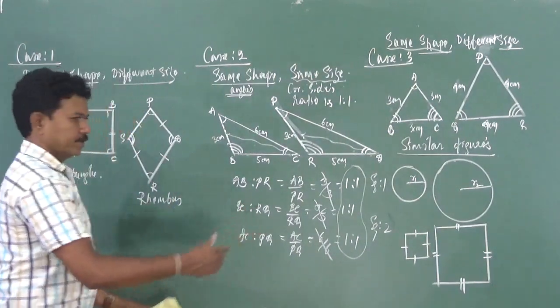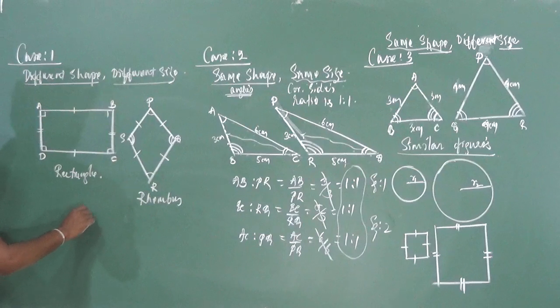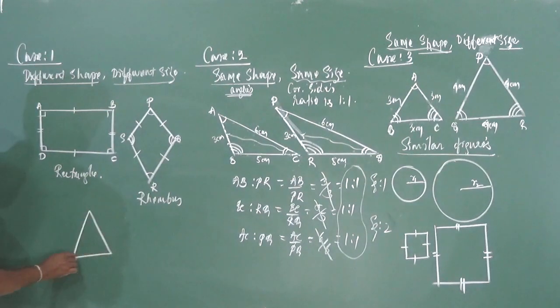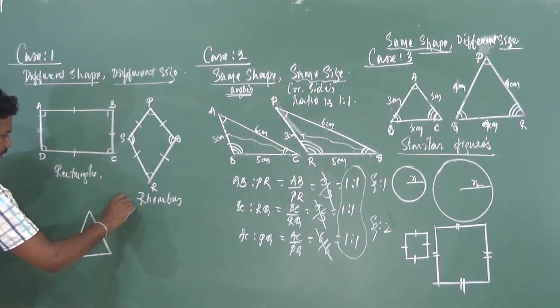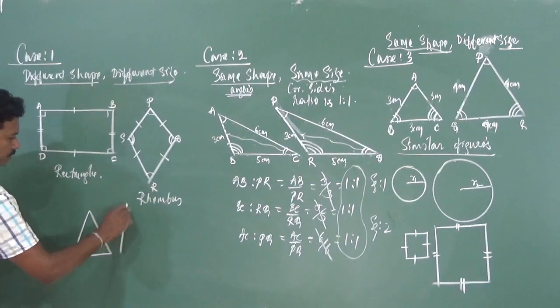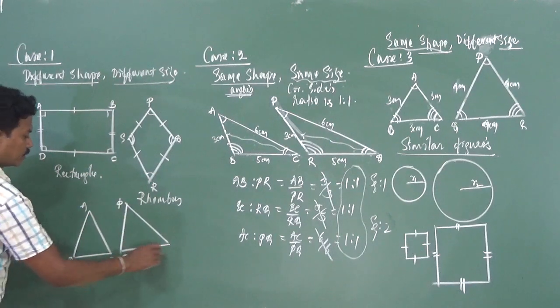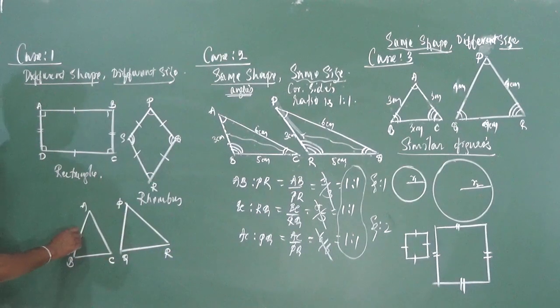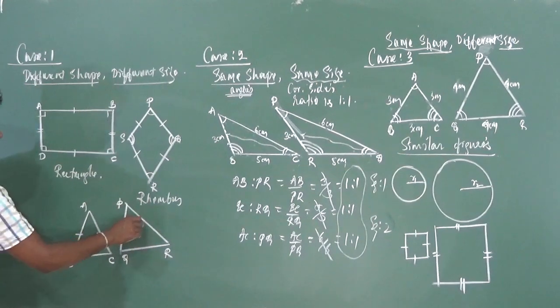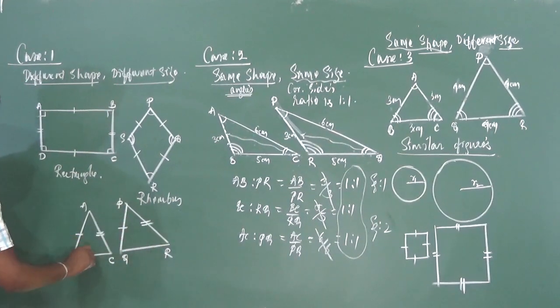Okay. I have another example. Let us take a triangle, and another triangle like this. It is triangle ABC. This is triangle PQR. This side is equal to this, this side is equal to this, and this side is equal to this.